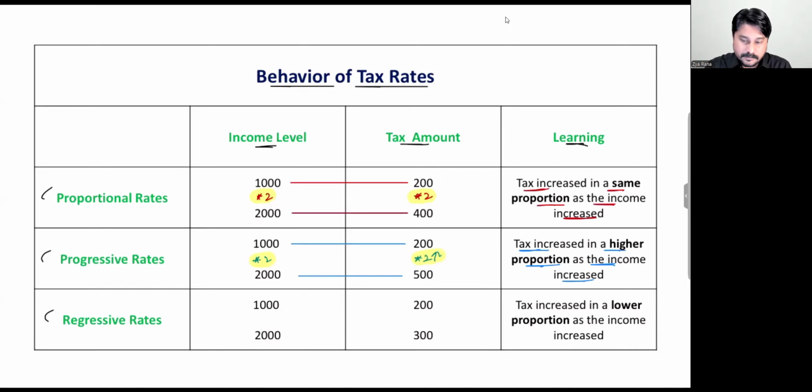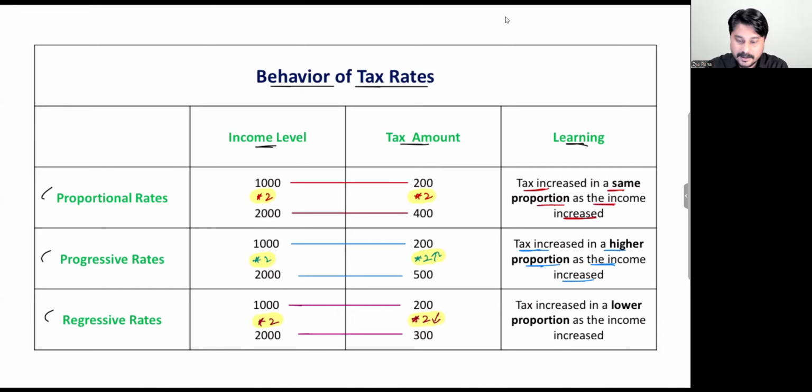Third, for example, your income level was 1,000, on which the tax amount was 200. Your income has now increased by the proportion of 2, but when you calculated tax on this 2,000 income, your tax is calculated as only 300. You can see that your tax has increased in a lower proportion as compared to your income. Your income increased in a proportion of 2, but on this income, the tax increased, but in a lower proportion as compared to your income.